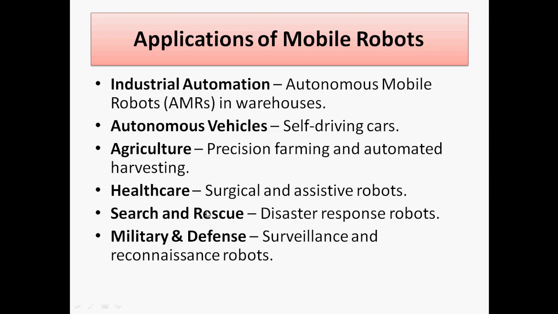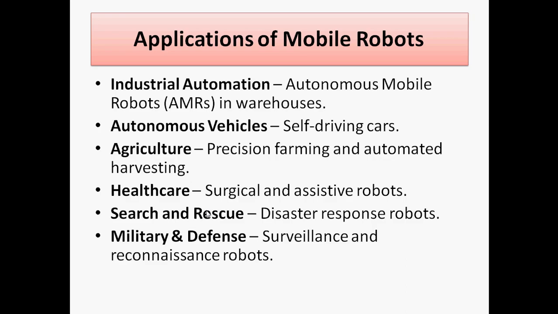Next we are going to discuss the applications. Different application areas exist. We consider autonomous mobile robots in warehouses, where nowadays different autonomous vehicles are used for warehouse management. Self-driving cars are also available. In agriculture, broad-acre farming is possible with mobile robots.